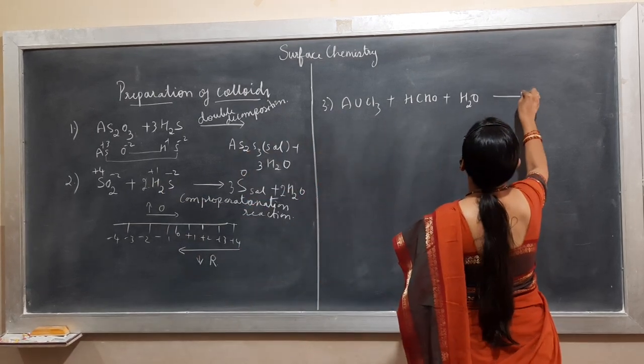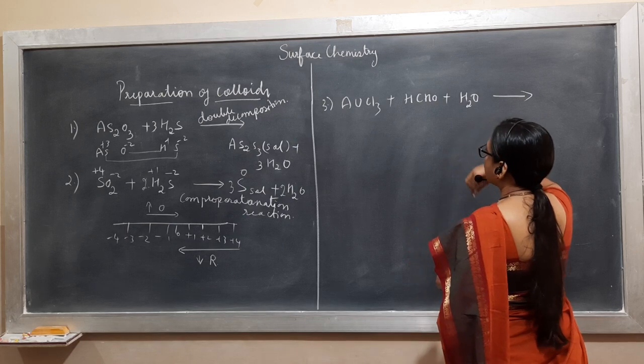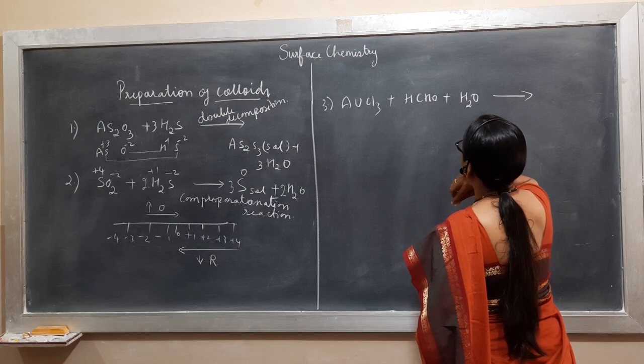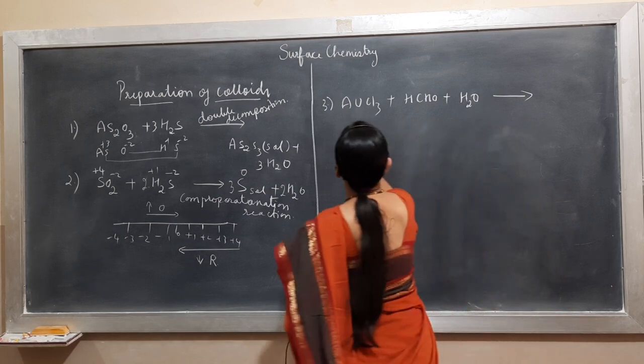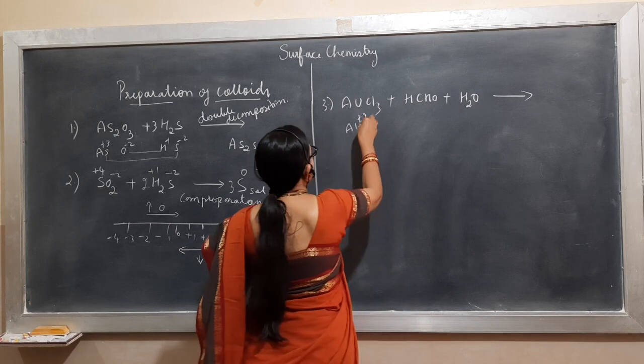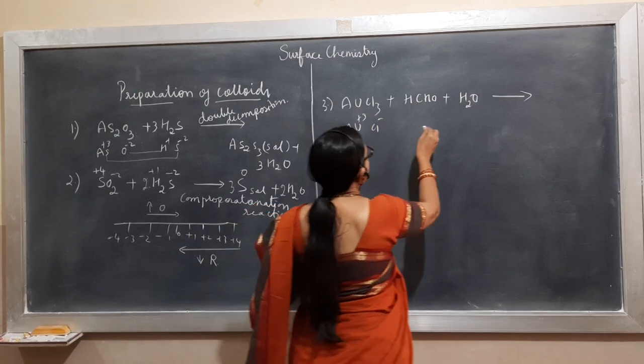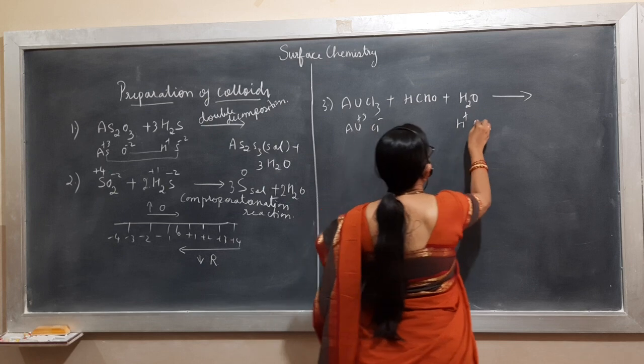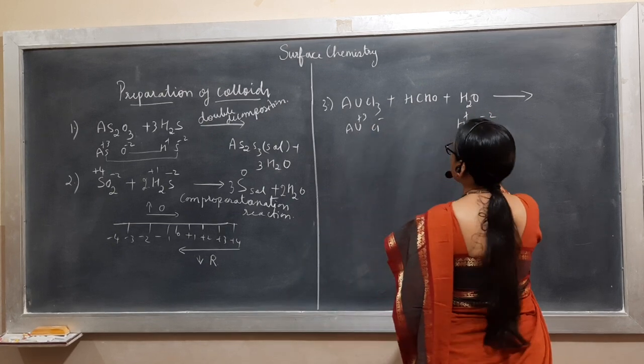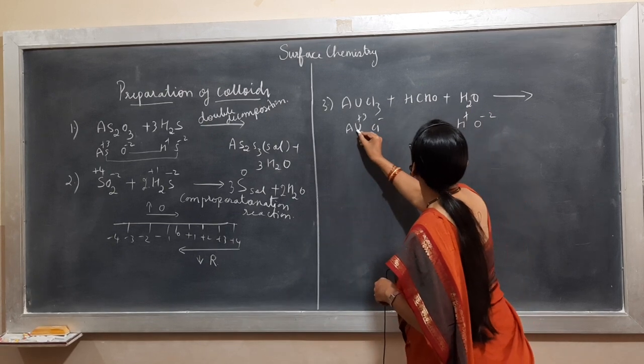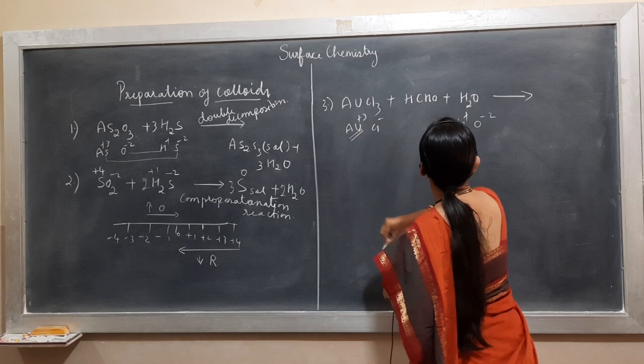And next, what happens here? Here reduction occurs. So all this splits into Au3+ and 3Cl minus, and here H plus and OH, O minus 2, plus and minus combine. Gold sol is formed here.